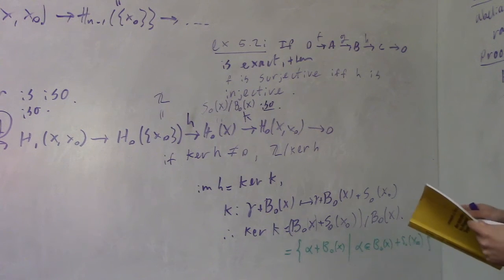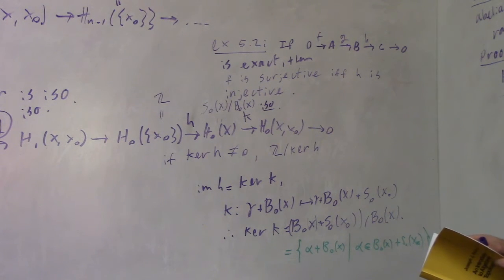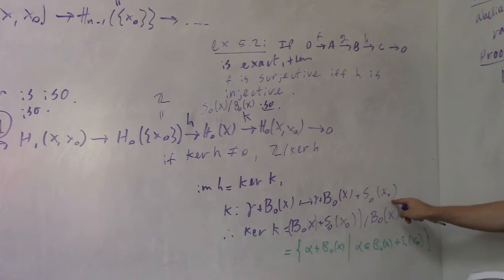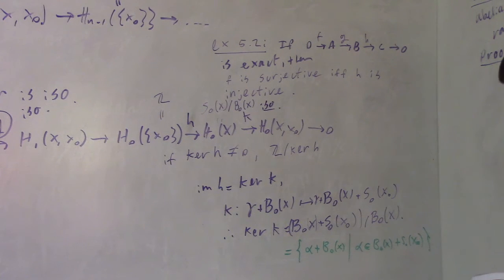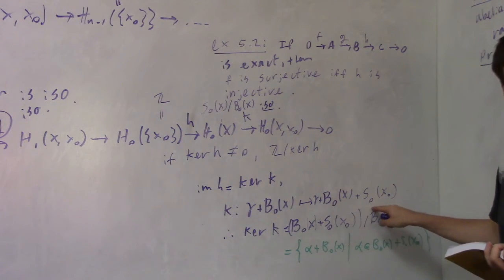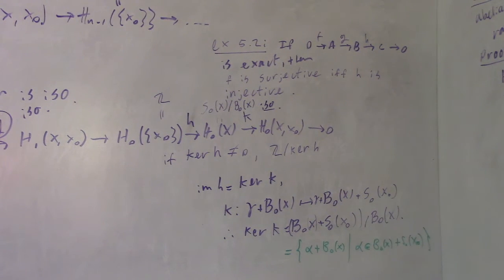So really, wait, don't you mean Z naught? Well, the domain of K, right? Like this S naught is in the range. That's what it's mapping to. And we're looking at the kernel. I don't think that's right. Well, how can that be?